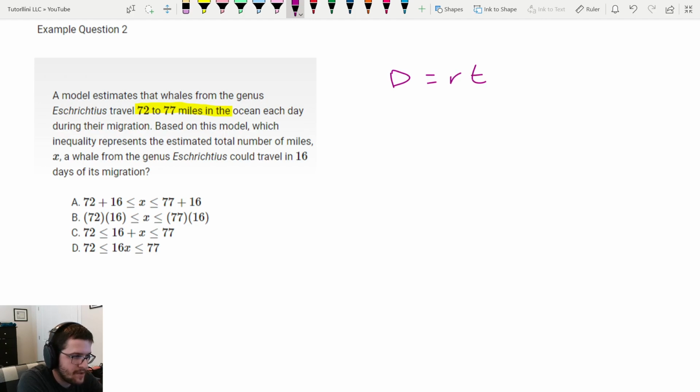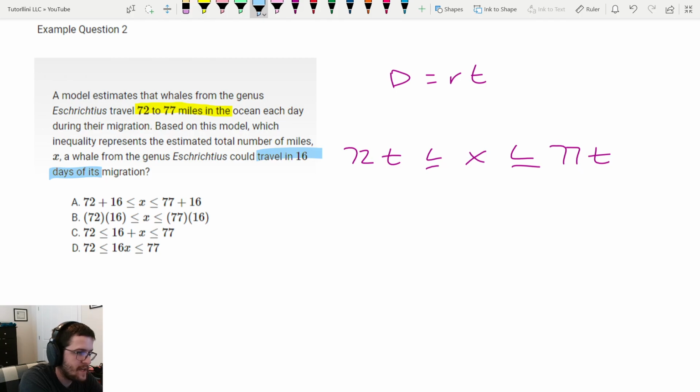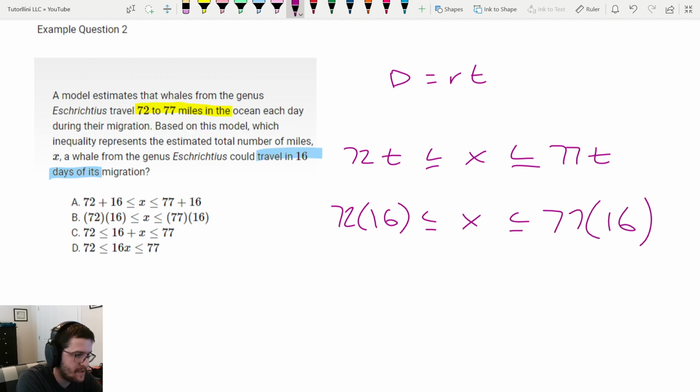So it's going to travel between 72t and 77t. And we're going to just put in the 16 days as our time. So 72 times 16 is less than or equal to x is less than or equal to 77 times 16. I think that's answer choice B. Yeah, that's right.